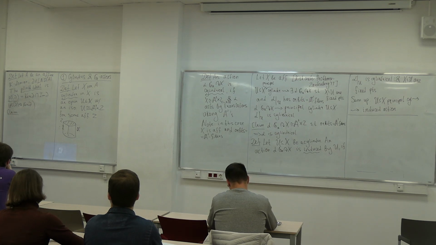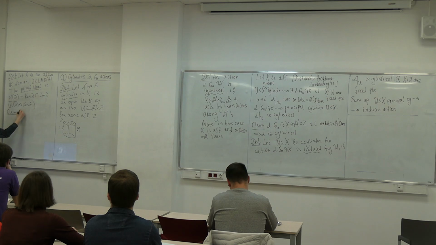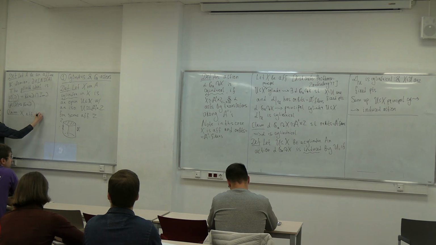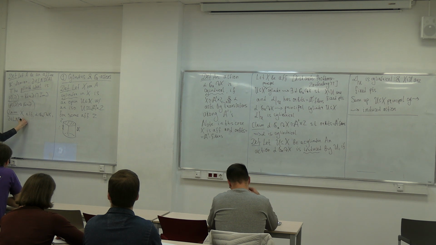And another claim. Once again, X affine. We fix a G_a action, D is the LND corresponding to this action, of K of X corresponds to alpha.